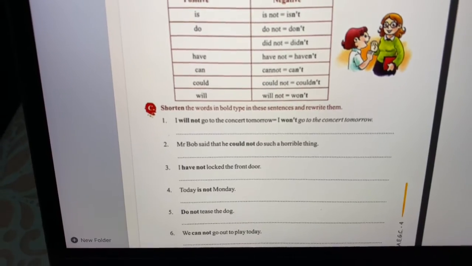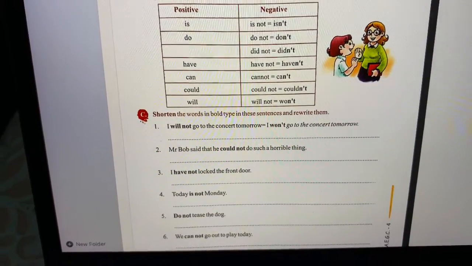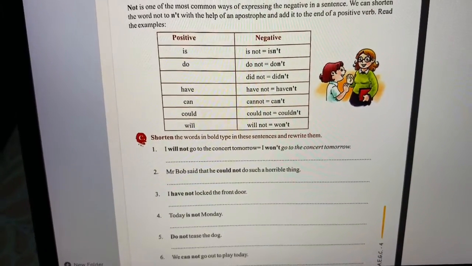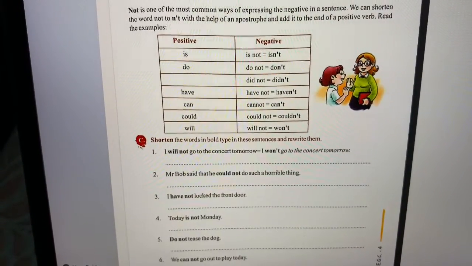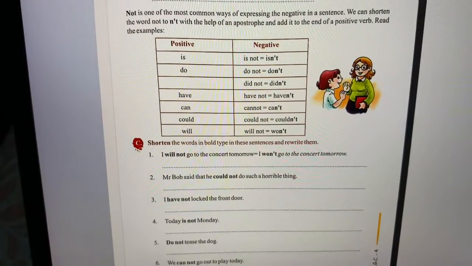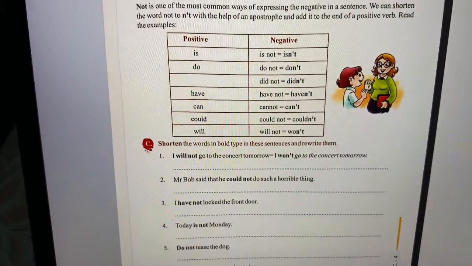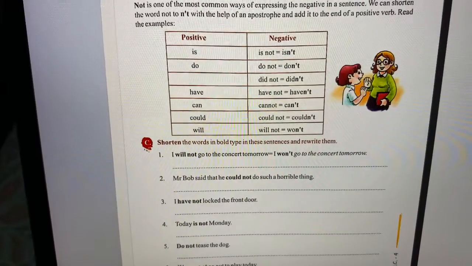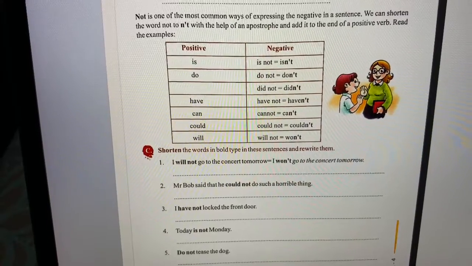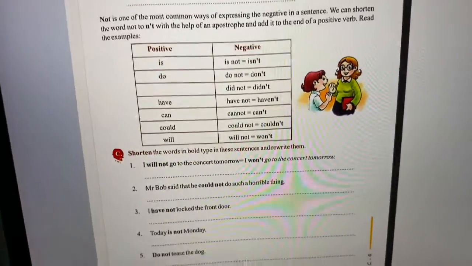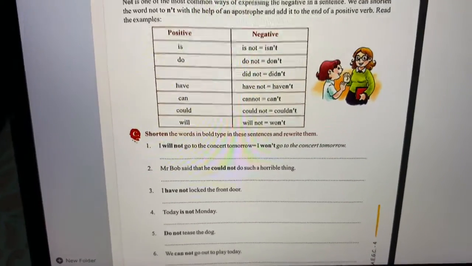So shorten the word in bold type in these sentences and rewrite them. I will not go to the concert tomorrow. The first one is already done. I won't go to the concert tomorrow. So over here, the N apostrophe T makes the word will not short form won't. So this is the way you have to do the other sentences as well.